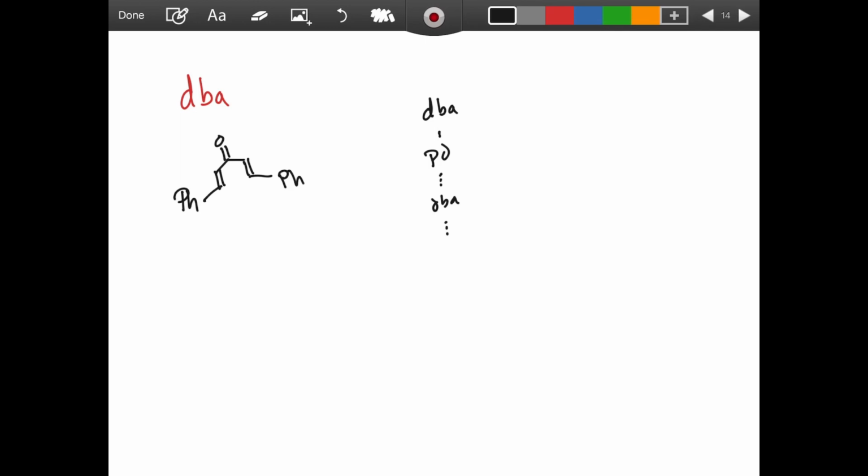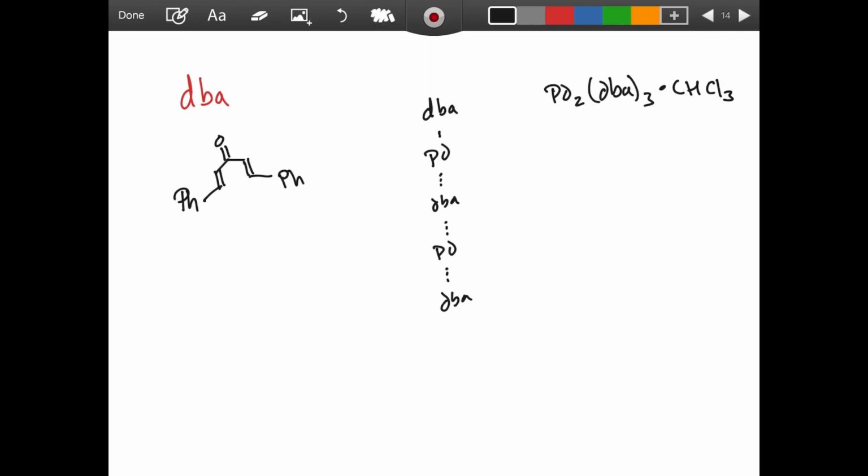And so this kind of works out that you have a DBA with a palladium, a DBA with a palladium, and then a DBA. So that is palladium 2 DBA 3, and then the chloroform adduct. You can get it with or without the chloroform, which, again, sometimes matters.